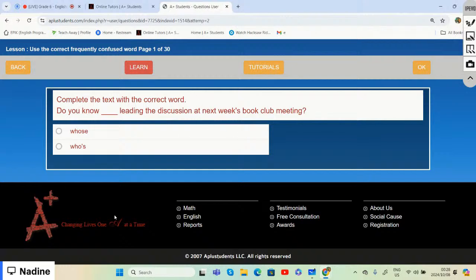It says, do you know option one, who's leading the discussion at the next week's book club meeting? Or option two, do you know whose leading the discussion at next week's book club meeting? We need to choose the correct word.